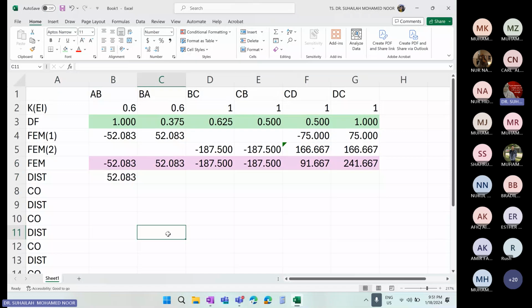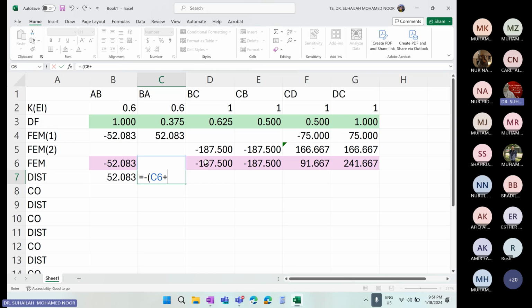Now move to joint B. For joint B, we have 52 and negative 187, that is the moment at joint B. We have to add 52 with negative 187, negative for opposite condition, times with factor 0.375, and we get 50, positive.